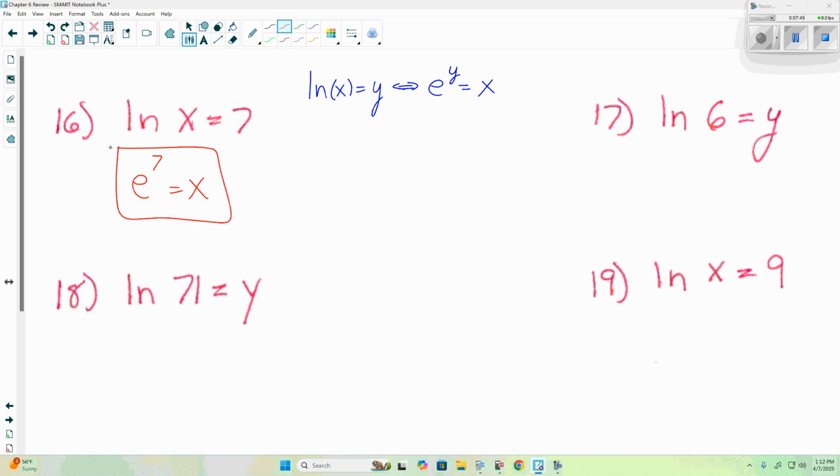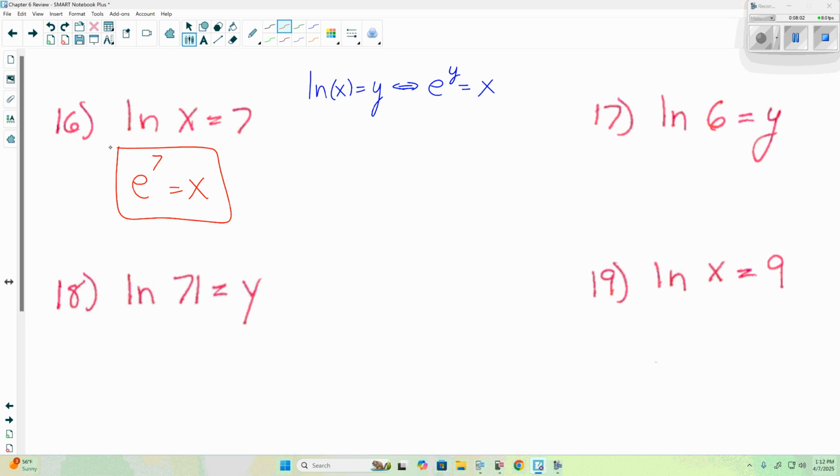E to the 7 equals x. The base with natural log is understood to be e, so we don't write it.